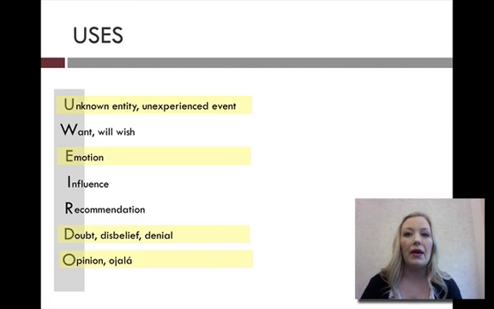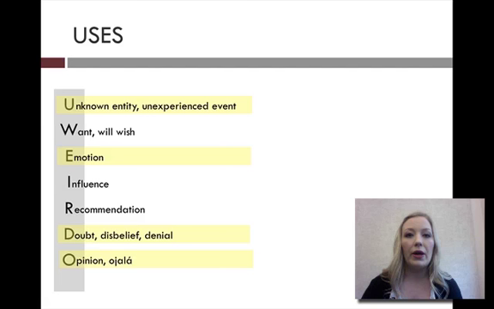I'm happy that you have come to visit me, or I'm surprised that you haven't seen that movie. Expressions of doubt, disbelief, and denial, similarly. I doubt that he has studied for this quiz. And then finally, any expression of opinion. So expressions like es bueno que, es malo que, es triste que, es interesante que. Any of those expressions can trigger this tense.